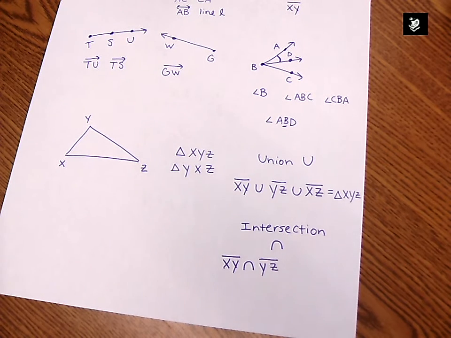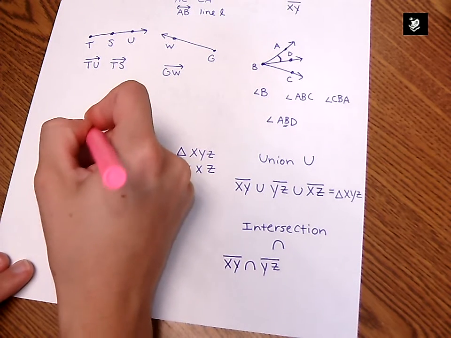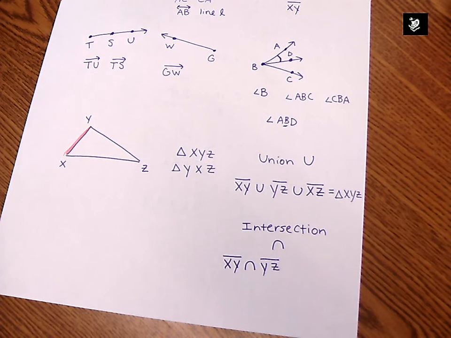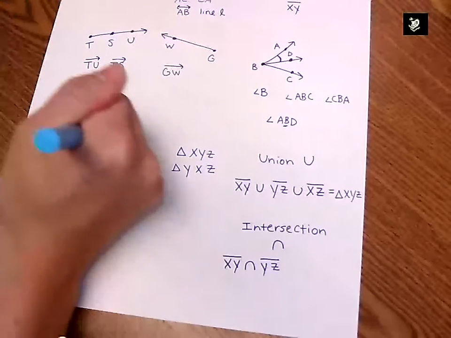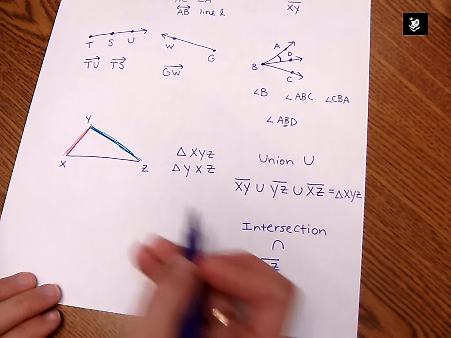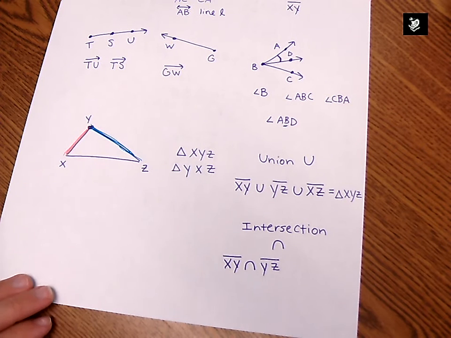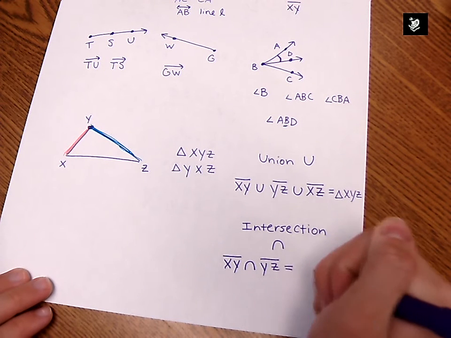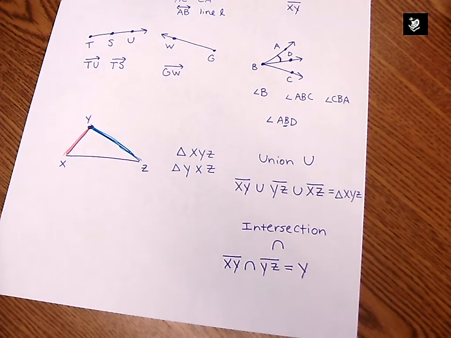So I'm going to highlight XY in pink. I'm going to highlight YZ in blue. And I'm going to look and say, okay, what do they have in common? Where are they overlapping? Well, the only overlapping part is this vertex Y right here. So their intersection must be point Y. So that's going to be the difference between an intersection and a union.